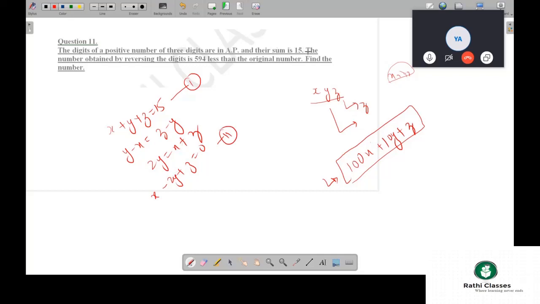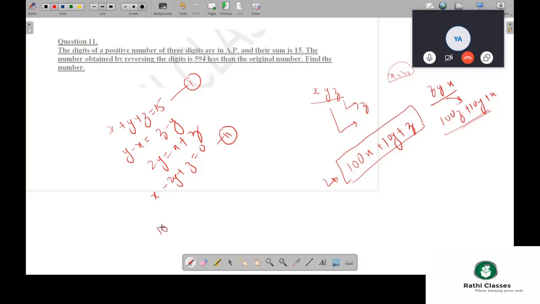Now in the third case, what has been given is the number obtained by reversing the digits. If you reverse the digits, it becomes z, y, x. That means 100z plus 10y plus x. The number obtained by reversing the digits is 594 less than the original number.